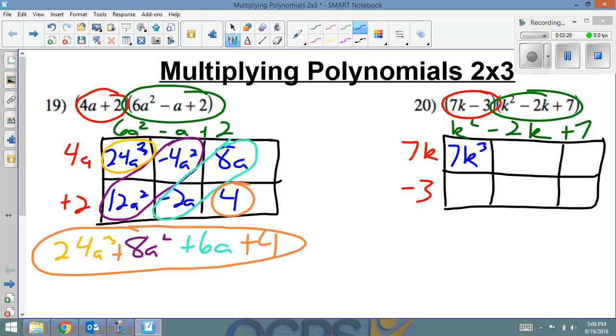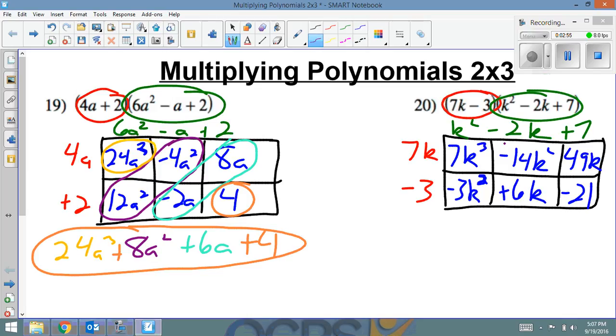Then we have 7k times negative 2k. That's negative 14k squared. 7k times 7, that's 49k. Negative 3 times k squared is negative 3k squared. Negative 3 times negative 2k is positive 6k. And negative 3 times 7 is negative 21.